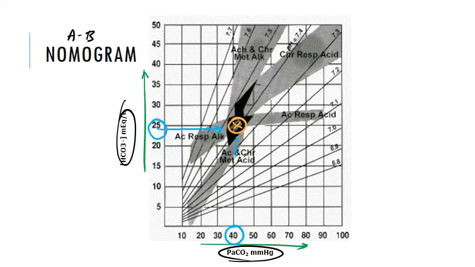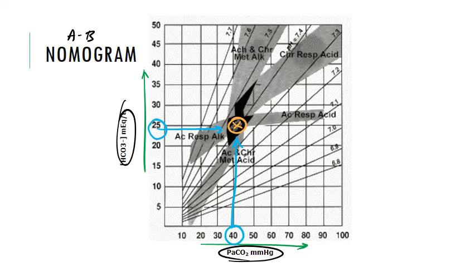And so smack in the middle, right here, we have this sweet spot of the normals of both bicarbonate and PCO2. And the interesting thing about this nomogram is that if you begin shifting one or both of these variables, you can wind up demonstrating territory or real estate of this graph, which represents different types of acid-base arrangements.